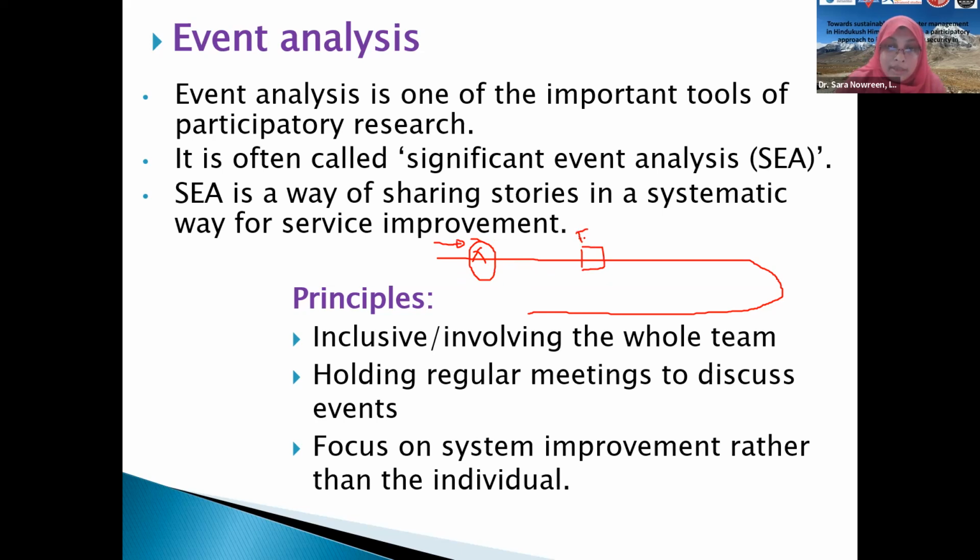The maximum damage was done by this particular flood. So these kinds of historical events you can plot through this kind of event analysis. The significant events will give you an idea of how society actually changed and how the mindset of the society changed from agriculture to aquaculture. The figure was really good, I could have put it here.